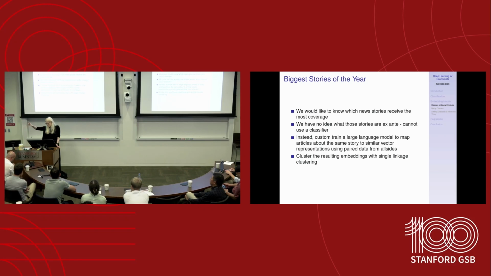One's from Fox, one's from the New York Times, one's from CNN. So we use that to train a customized model, starting with the wire cluster model as the base and then tuning it to put things that are about the same story from this All Sides data close together and things that are about different stories further apart. And then we cluster the resulting embeddings.